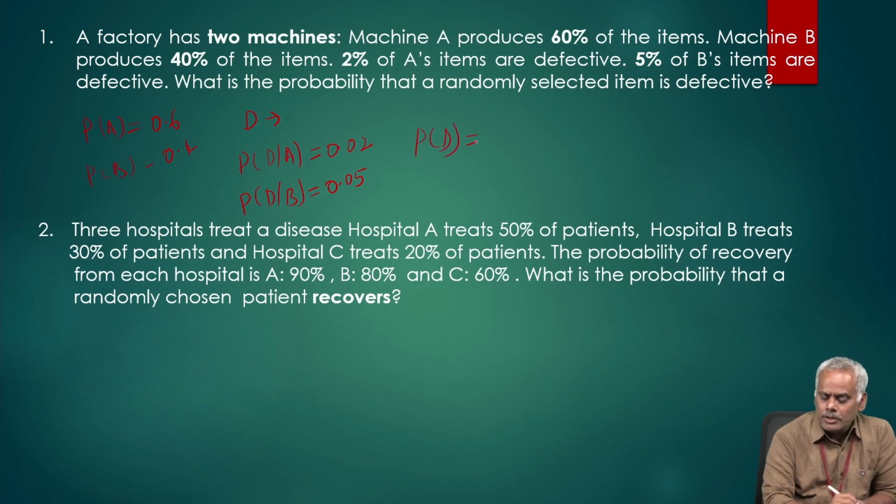So what is the probability of a defective item? First consider machine A and from that defective item, plus machine B and from that defective item. So it is 0.6 into 0.02, plus 0.4 into 0.05.